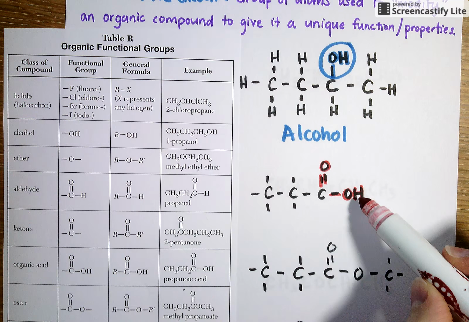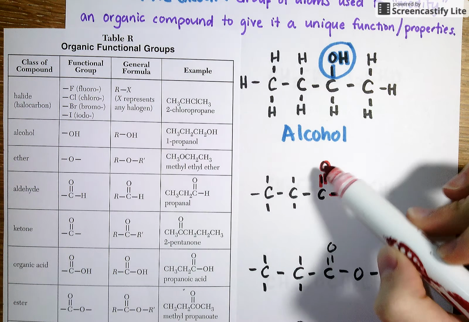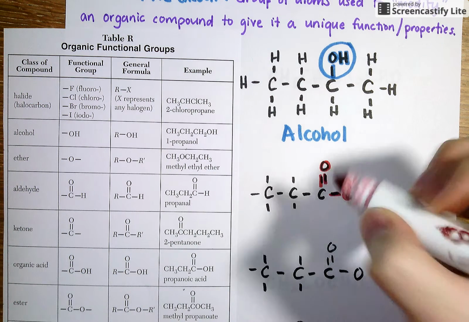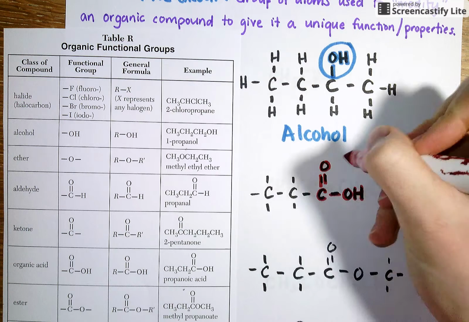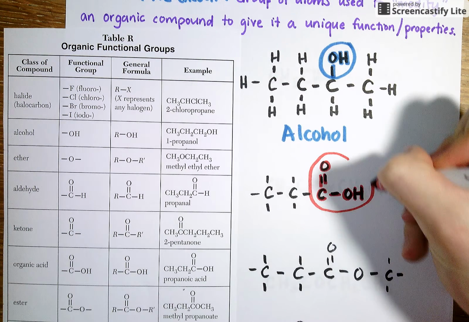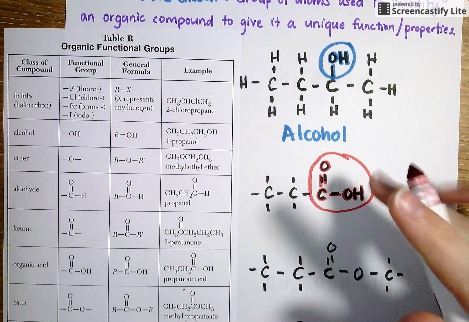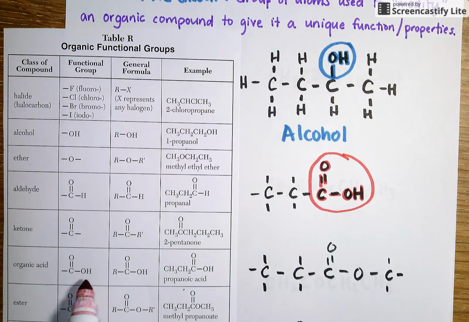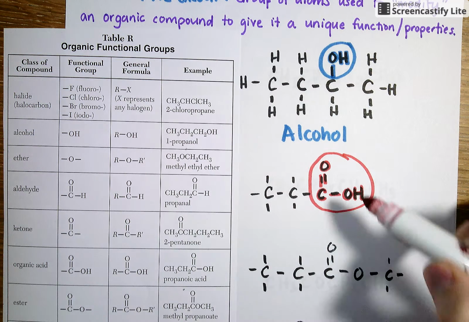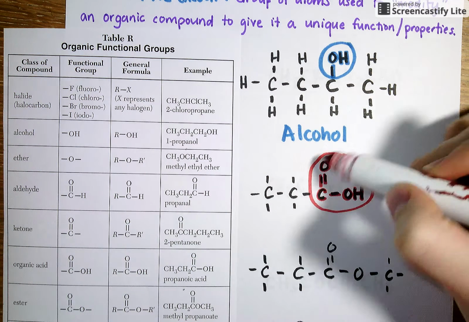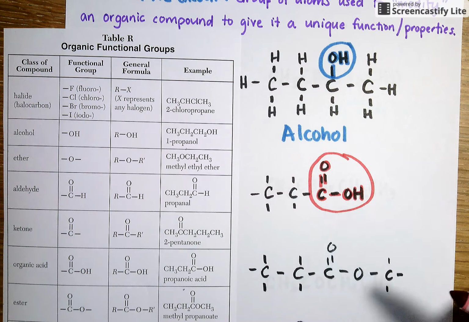Because we've got this OH coupled with this other modification, we can look for this whole group of attachments on table R. And what you're going to find is this matches up exactly with the functional group that's defining an organic acid. So be careful to make sure that you're including everything that's interesting about the functional group and matching it exactly with what you see on table R.